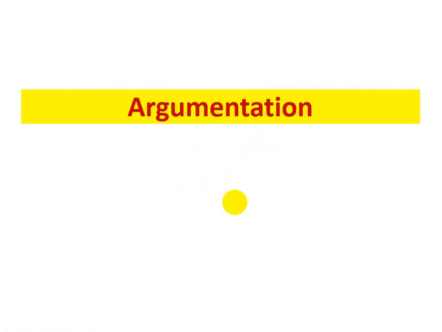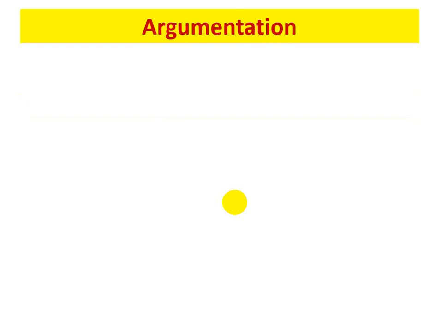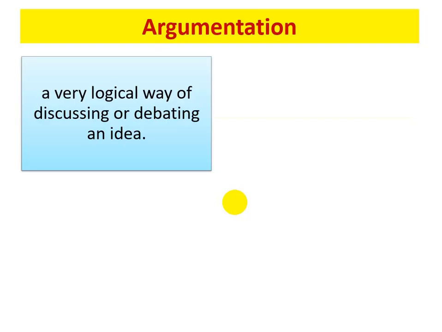There's something called argumentation. Argumentation is the process of arguing. When we are going to argue pro or against an idea or an opinion, first of all, what's meant by argumentation here?